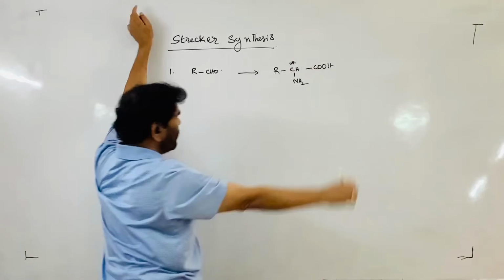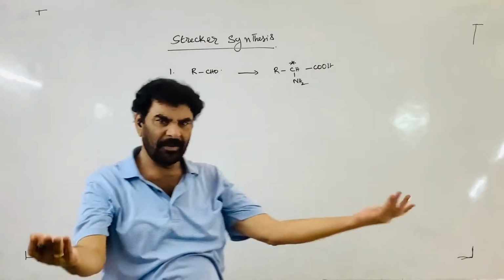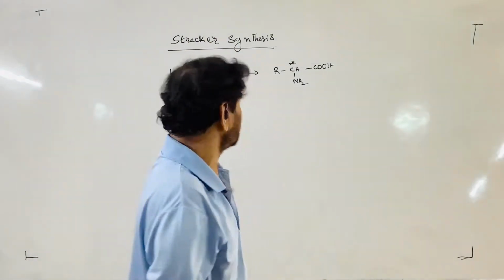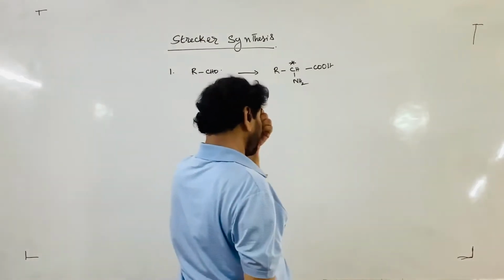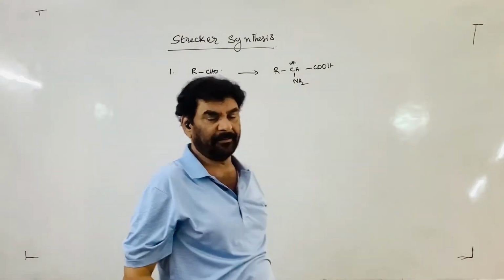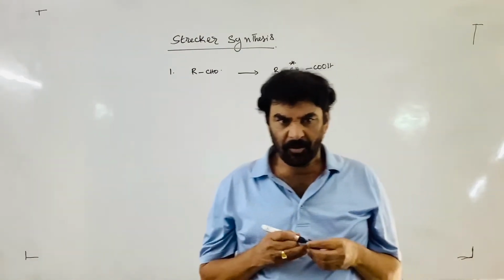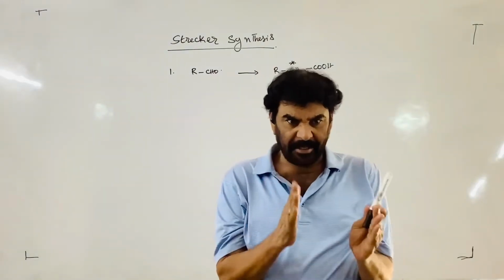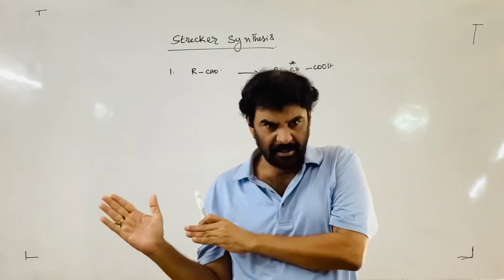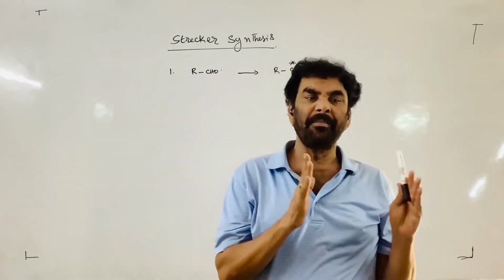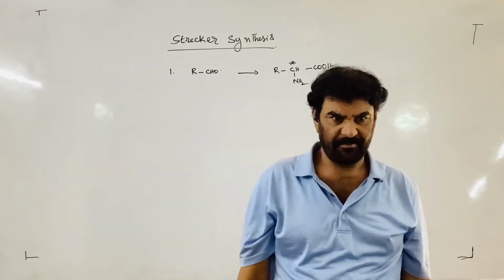Alpha amino carboxylic acids, simply call them alpha amino acids. See, this is the convenient method. Now, the question is, what are the reactants, what are the products, and what is the mechanism of the reaction?